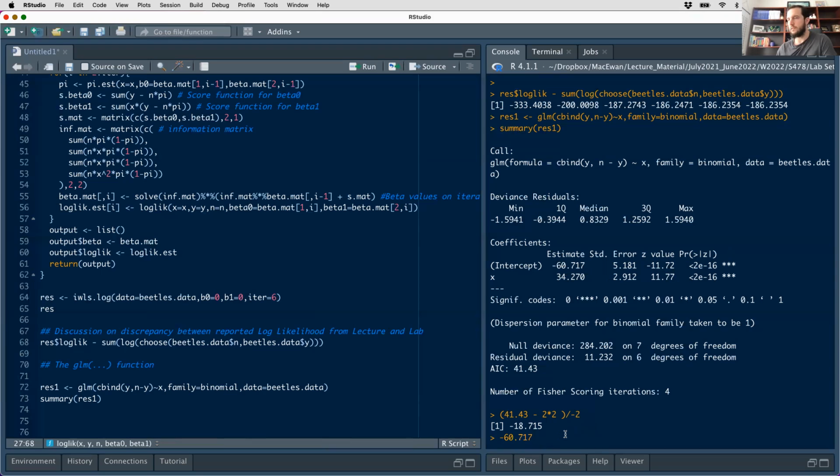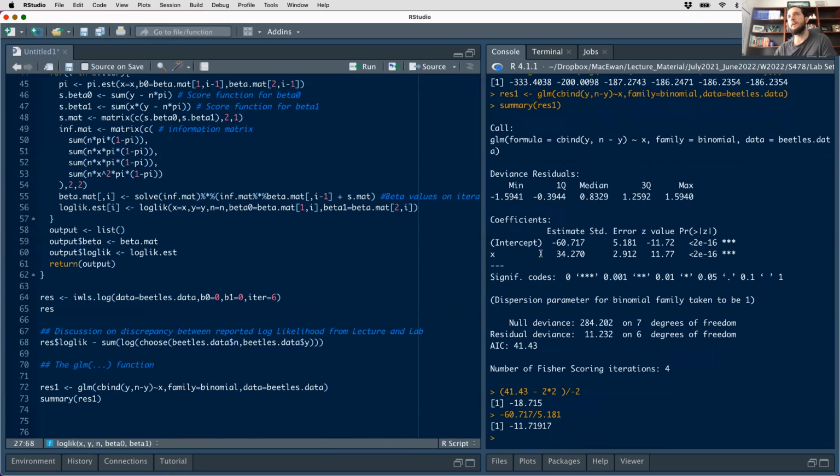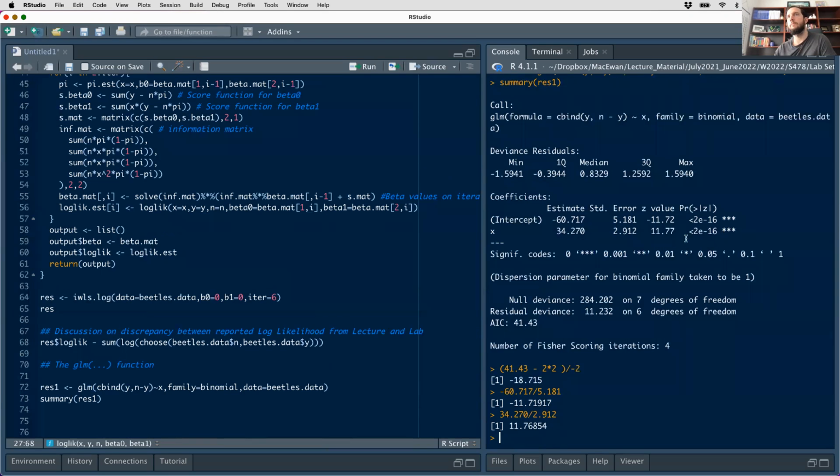You'll notice that just like with regular R output, the test statistic is simply the estimate divided by the associated standard error, which is true in both cases.